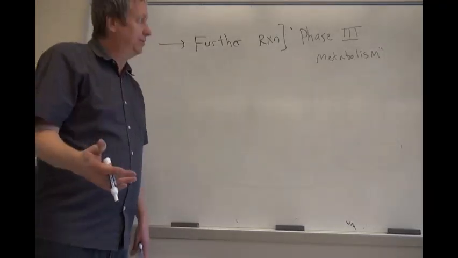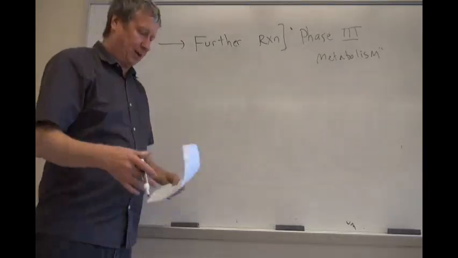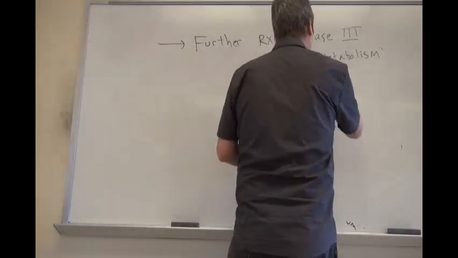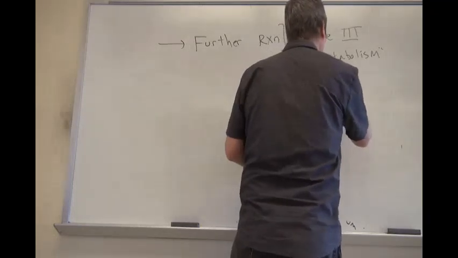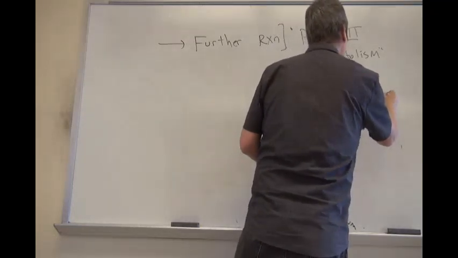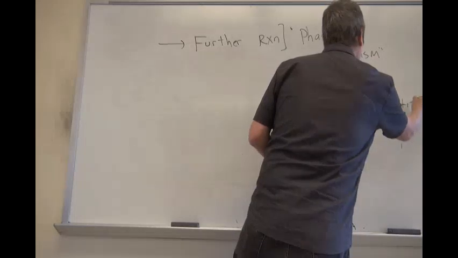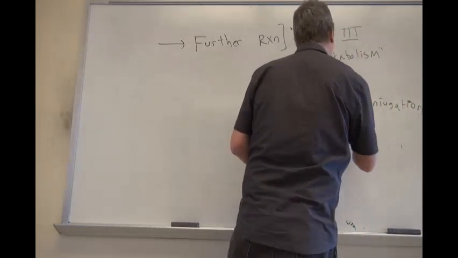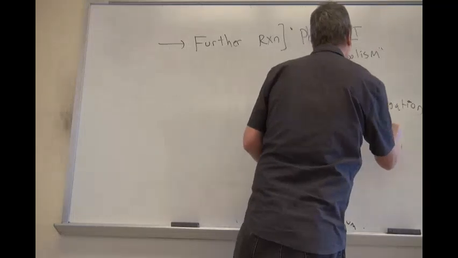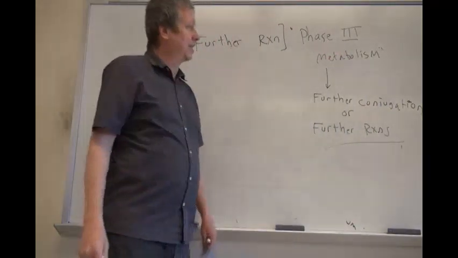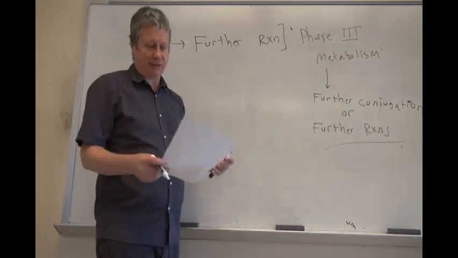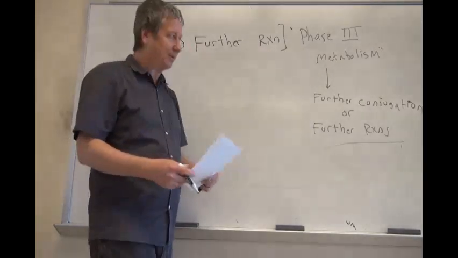It's usually oxidation. Phase 2 is attachment of a conjugate. Phase 3 is further reactions, further conjugation. Sometimes the conjugate will get changed or some other kind of thing happens. So that's what the third phase of metabolism is.